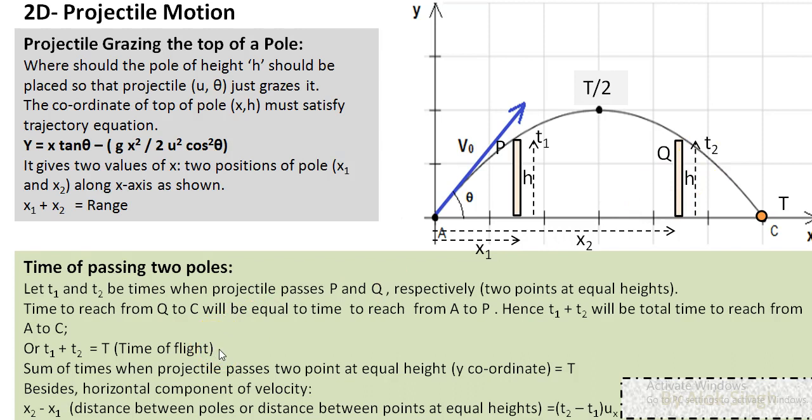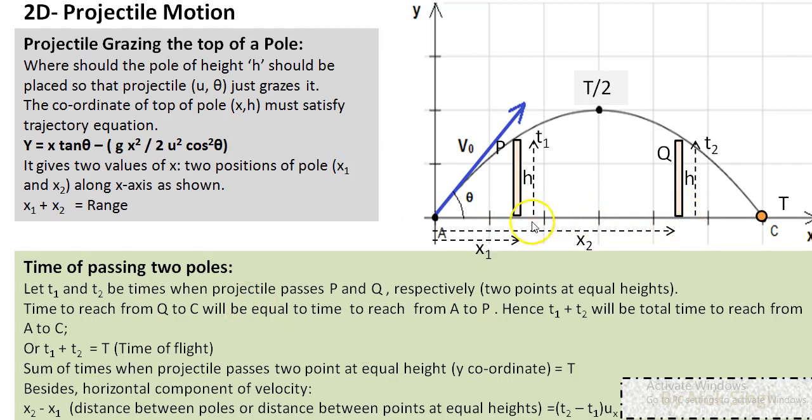How do we make this statement in general terms? The sum of the times when a projectile passes through two points at equal height, or when the y coordinates are equal, is equal to the time of flight. What are the x coordinates of these two points where the y coordinates are equal?